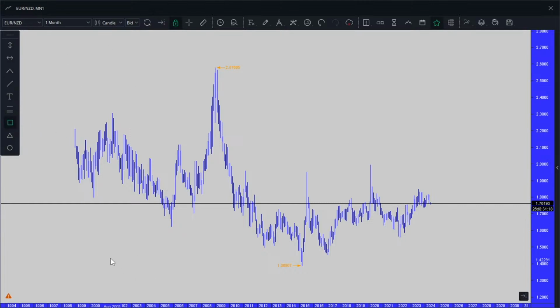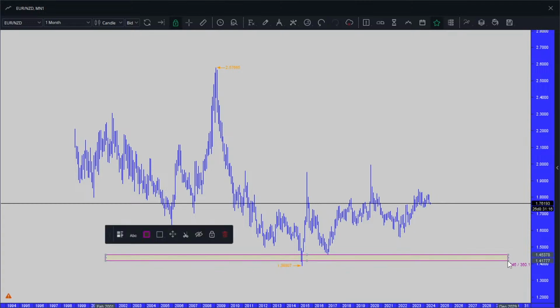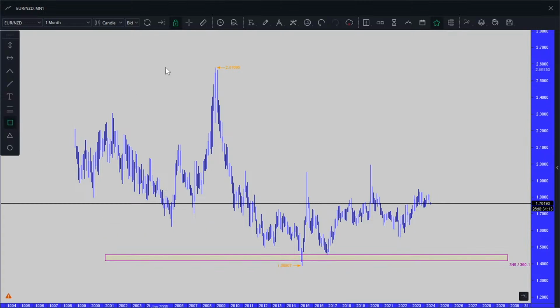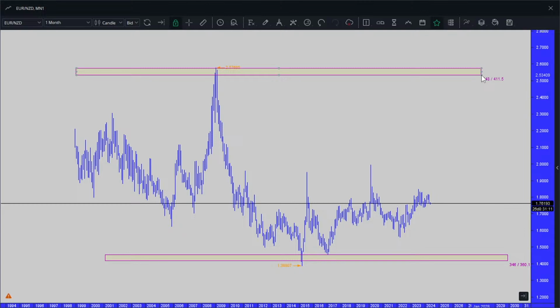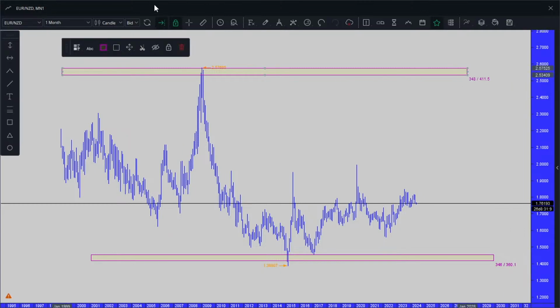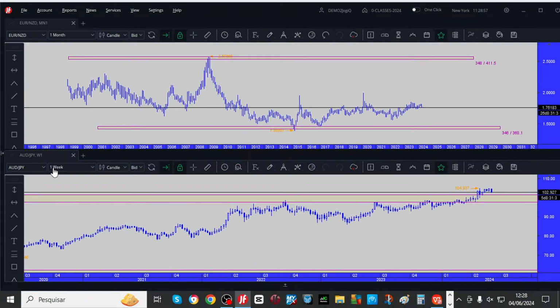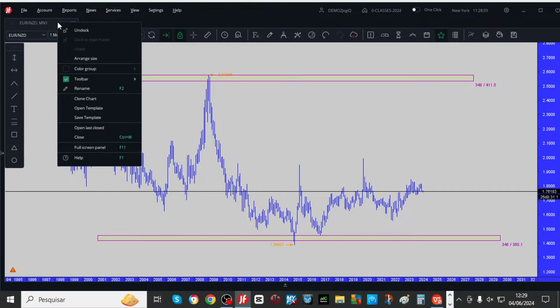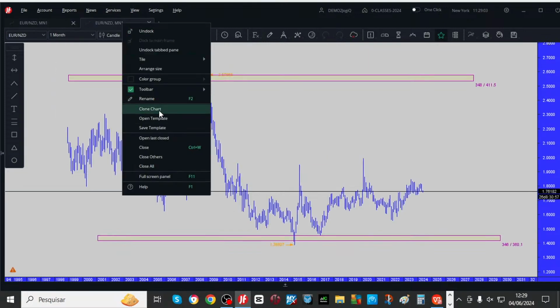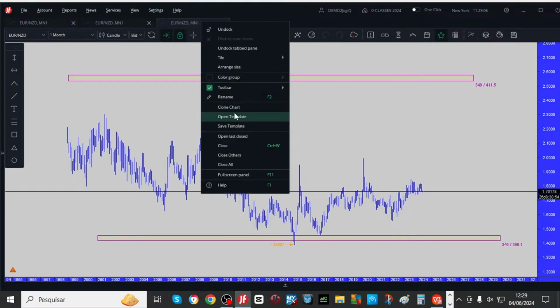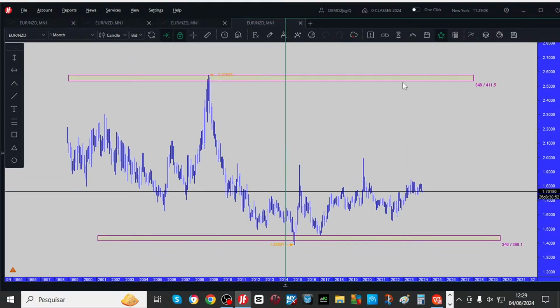Euro NZD, lower band, Euro NZD, upper band, and F11. So we're going to talk about Euro NZD now, and clone chart, and clone chart, and clone chart.